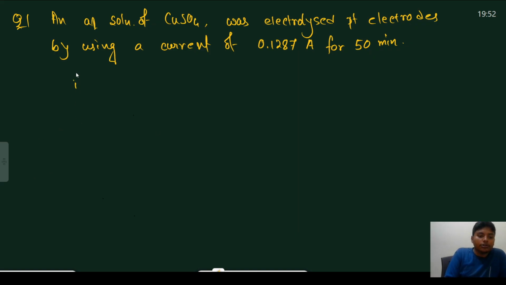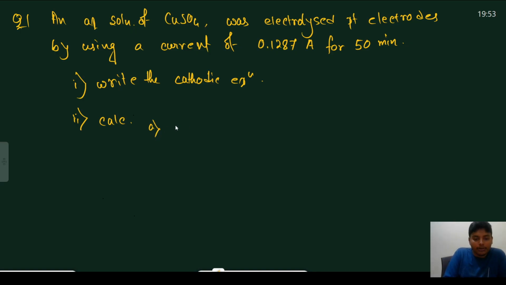First, you have to write the cathodic equation. Second, you have to calculate the electric charge passed, Q, and the mass of copper deposited.